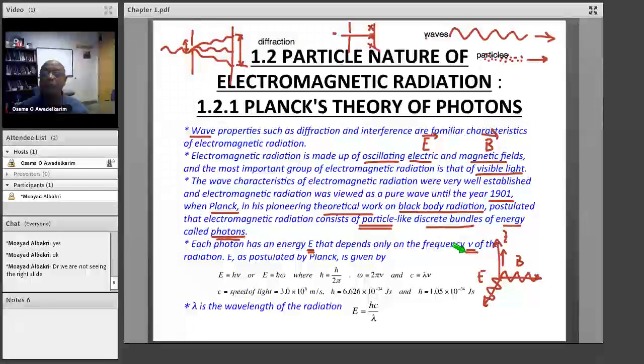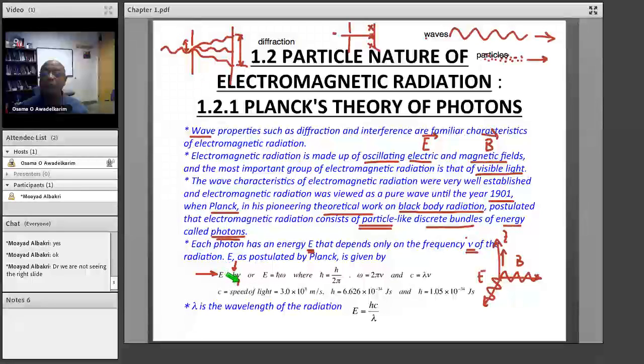And the energy of each particle, which we call the photon, depends on the frequency, nu, of the radiation or of the electromagnetic wave. The energy of each particle or photon is h, a constant h, times the frequency, nu.